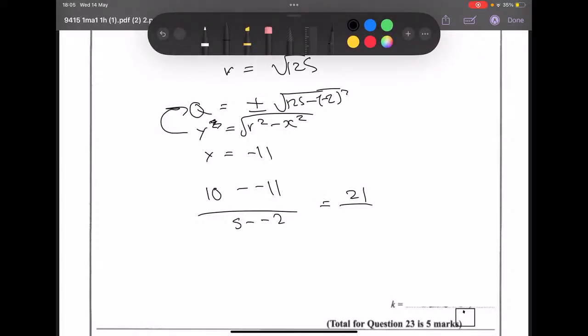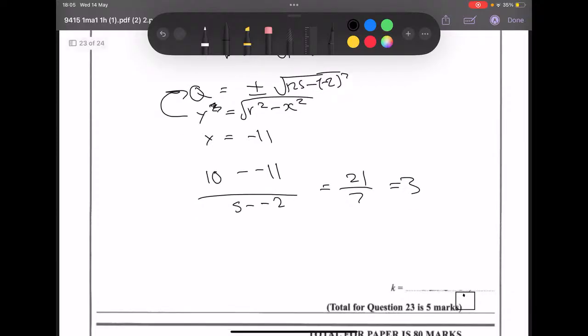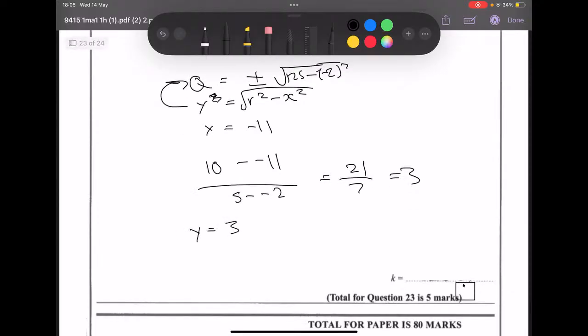This would be 21 over 7, and this would be 3. Therefore, y equals 3x plus c. Now, as we are looking for the y-intercept, we would do y equals 3 times 0 plus c. Therefore, k equals 10 minus k over 5.